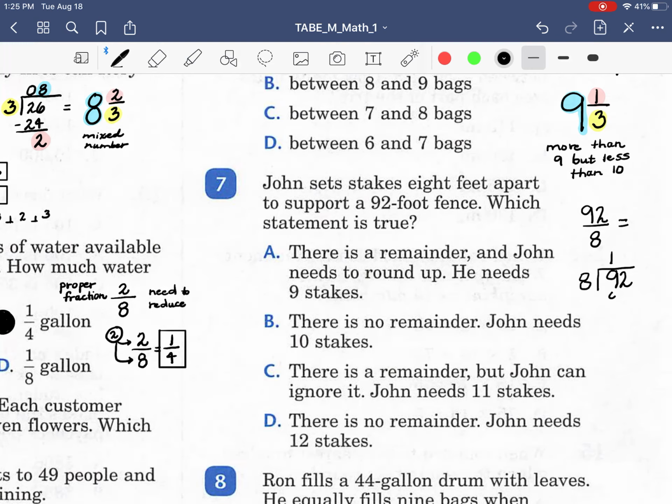Eight will go into 9 one time with 1 left over. And 8 will go into 12 one time with 4 left over. So the mixed number is 11 4/8.